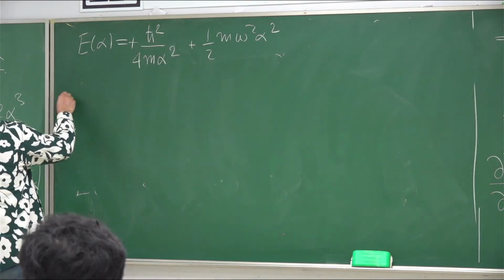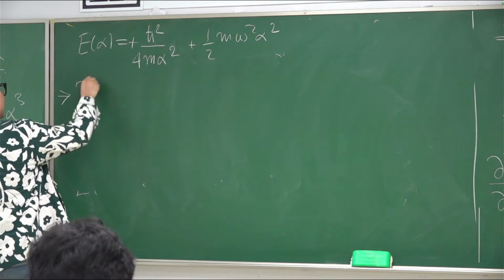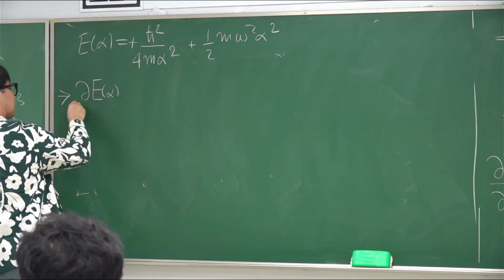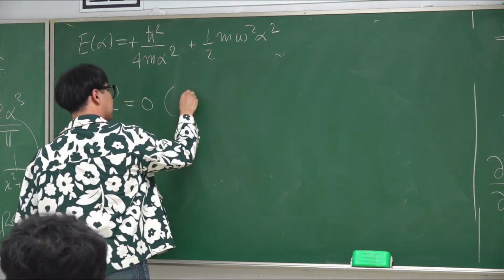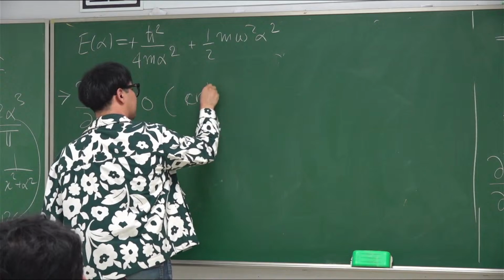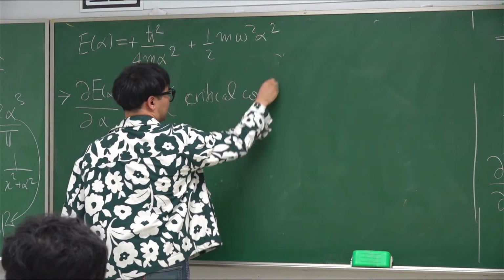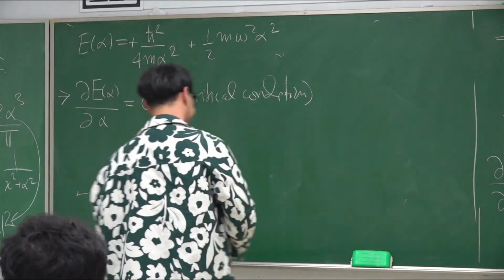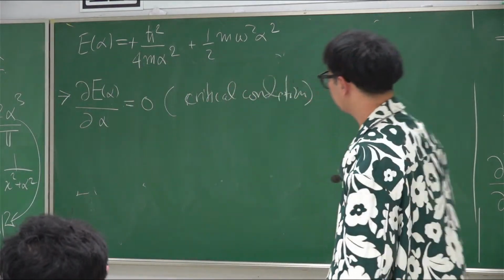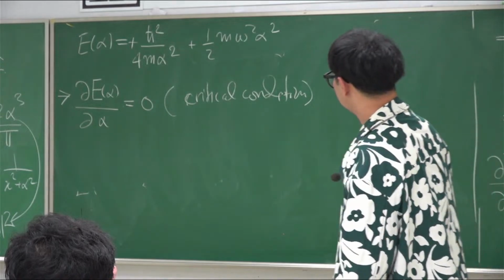Now, so we're going to look at this again, right? The critical condition. Second term, we have 1/2.